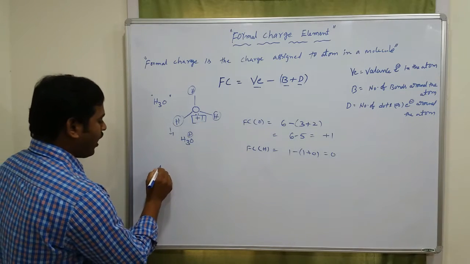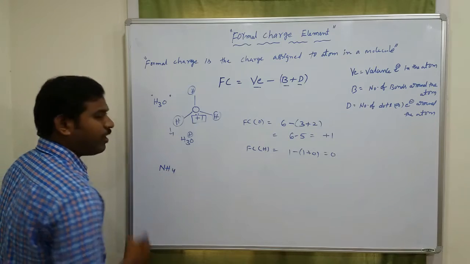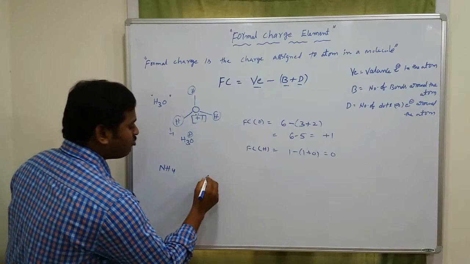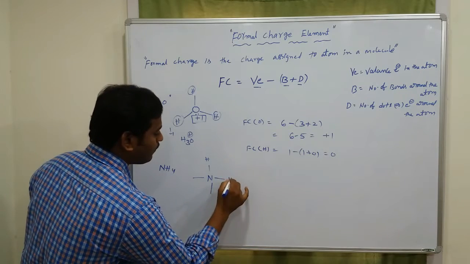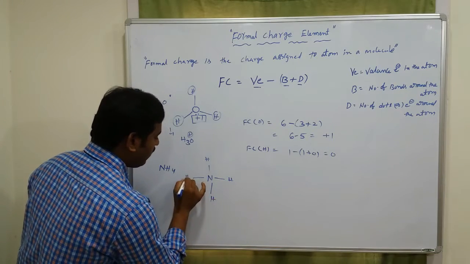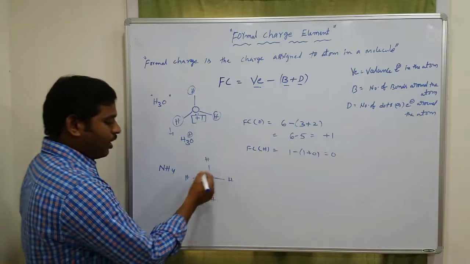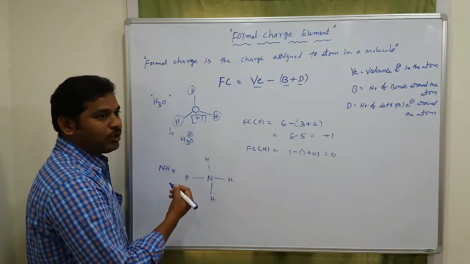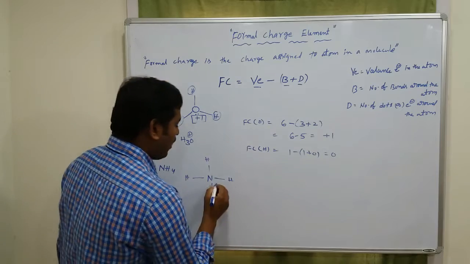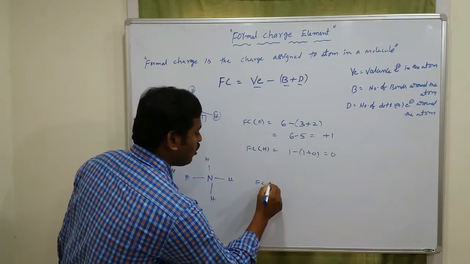Now let us go for NH4. In this NH4 we can write 4 hydrogens here. If we assume 4 bonds are here, it can satisfy the octet rule. Now let us calculate the formal charge of nitrogen.